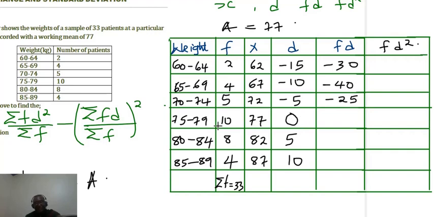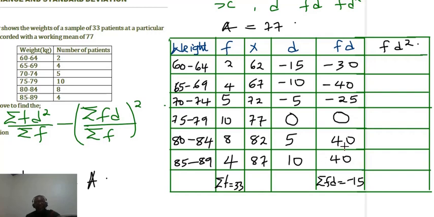Then 0 times 10, we get here 0. Okay. Then 5 times 8, we get here 40. 10 times 4, we get 40. We shall need summation fd. So adding up, we are going to get negative 15.